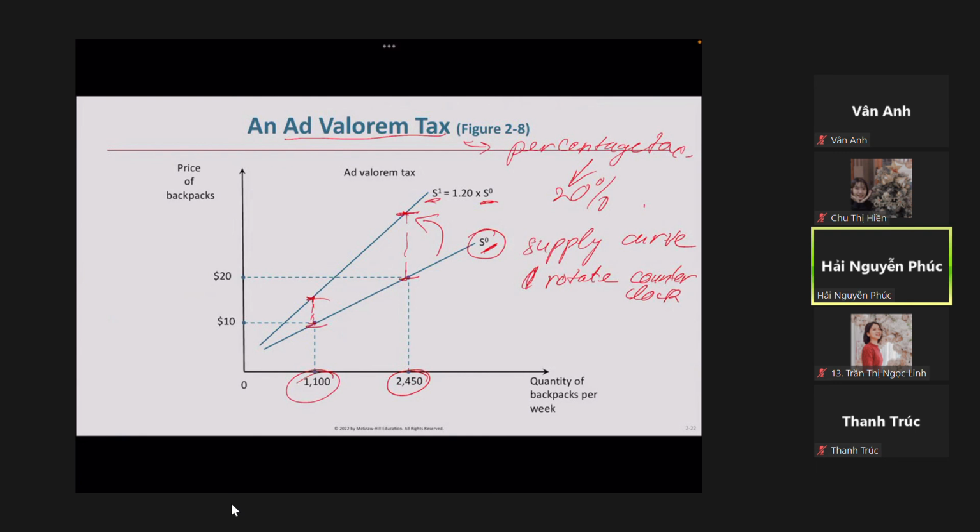The greater the quantity, the larger the size of the tax.